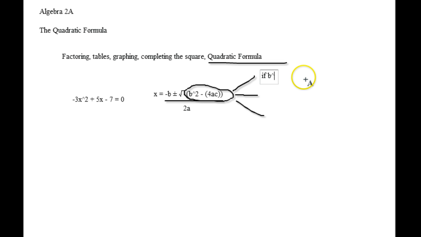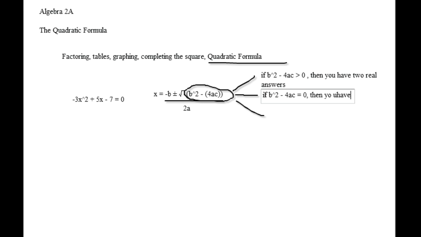If b squared minus 4ac is greater than 0, then you have two real answers. Okay, so that's kind of cool to know. Now if b squared minus 4ac is equal to 0, then you have one real answer.